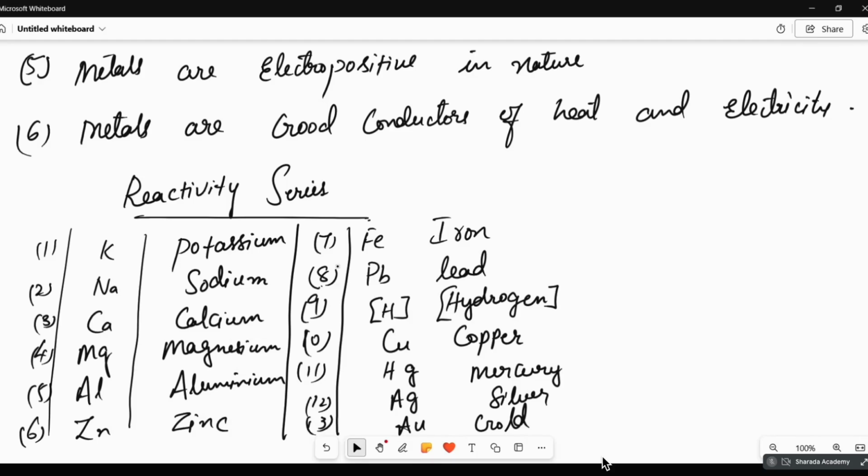See, potassium and sodium are so reactive that if you keep them outside in the air, they catch fire. They react so abruptly with the air, and it is a highly exothermic reaction.